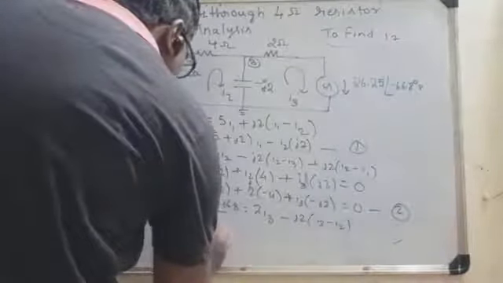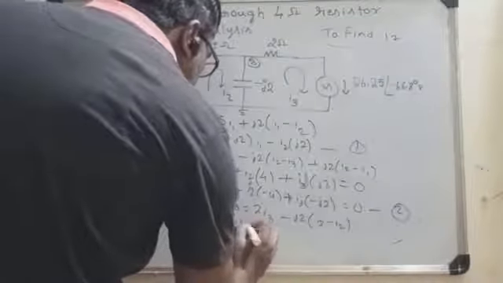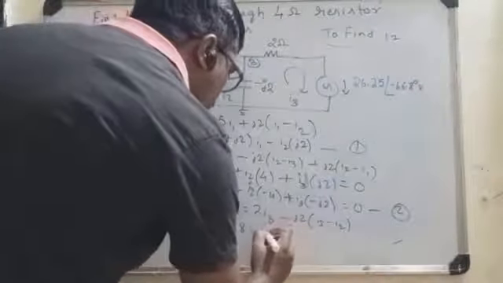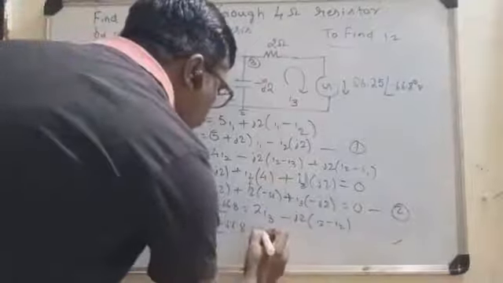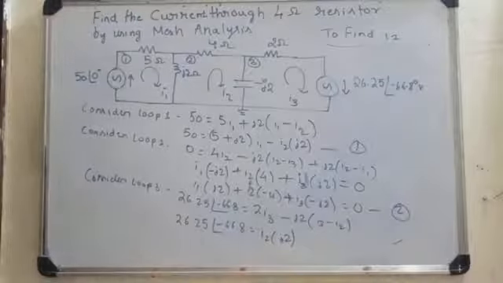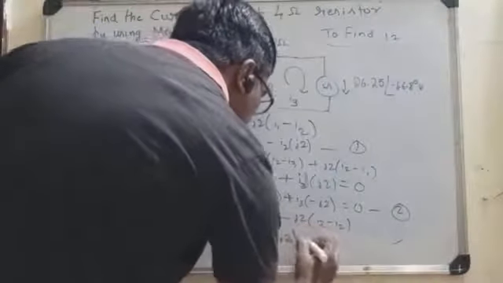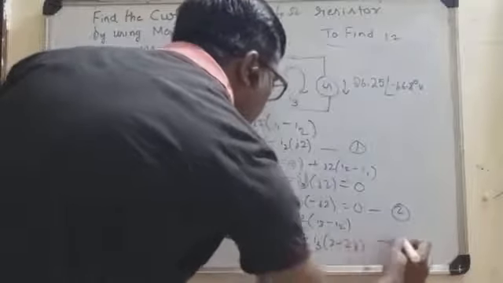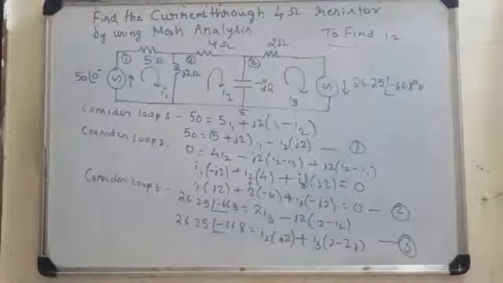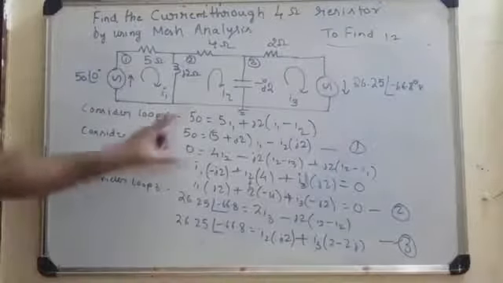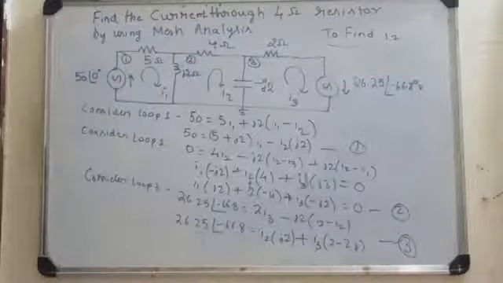Simplifying this, I2 into minus minus, so j2, plus I3 into (2 minus 2j). There is no I1 factor here. So these are the three equations that I need to solve.